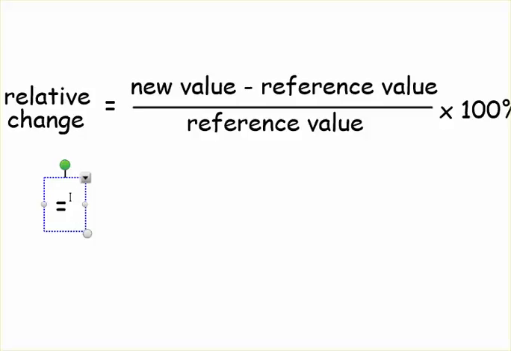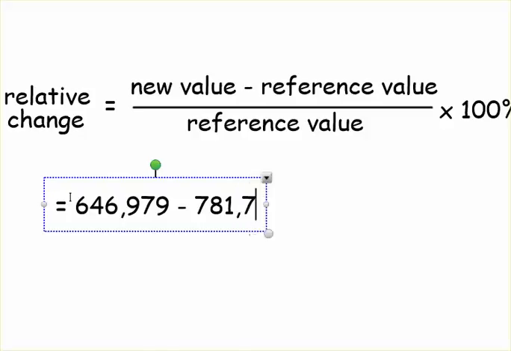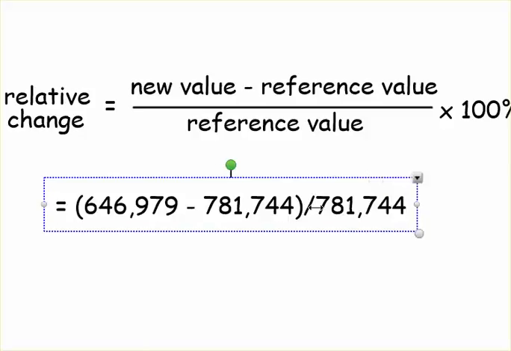The new value is 646,979 minus 781,744, that whole thing divided by the reference value, which is that second one, 781,744. And then we take that whole thing and multiply it by 100%.